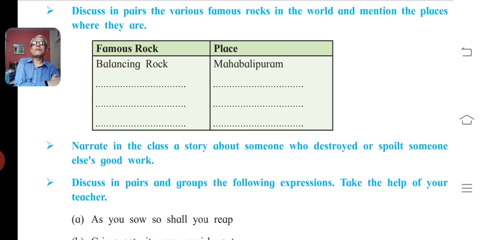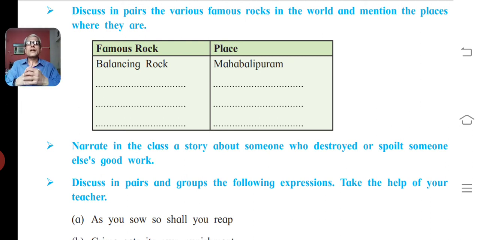One is already done for you, and that is Balancing Rock. Place: Mahabalipuram, in India. Now the second rock, Vivekananda Rock. Place: Kanyakumari, again in India. Number 3, Sigiriya. Place: Sri Lanka. And next, Ayers Rock or Uluru. Place: Central Australia.